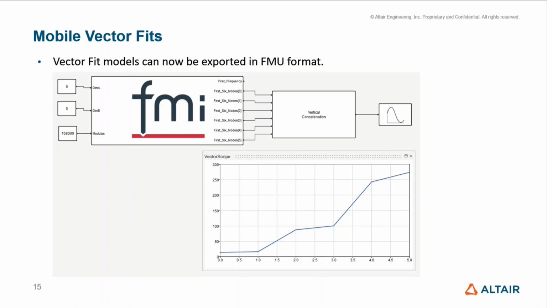So basically, you can take this FMU and use it as a mobile predictive model, and plug it in anywhere, in any platform you're interested in. For example, in here, I just put it into Activate, a diagram tool, and using the vector scope, I'm looking at the first 6 modes of the whole system. So you can plot it this way, or use it as a co-simulation engine.